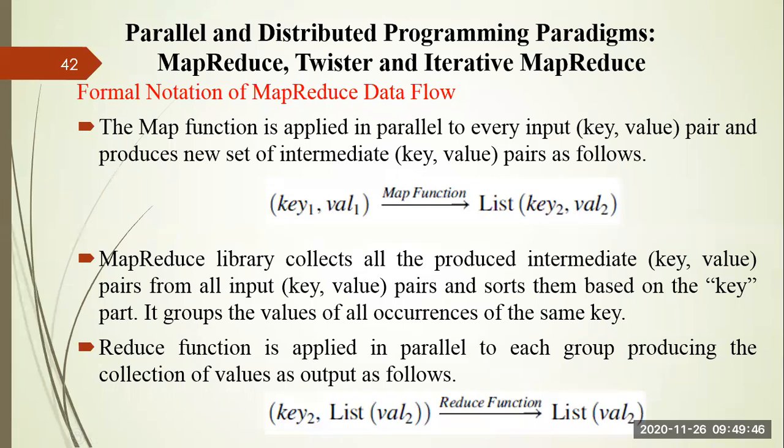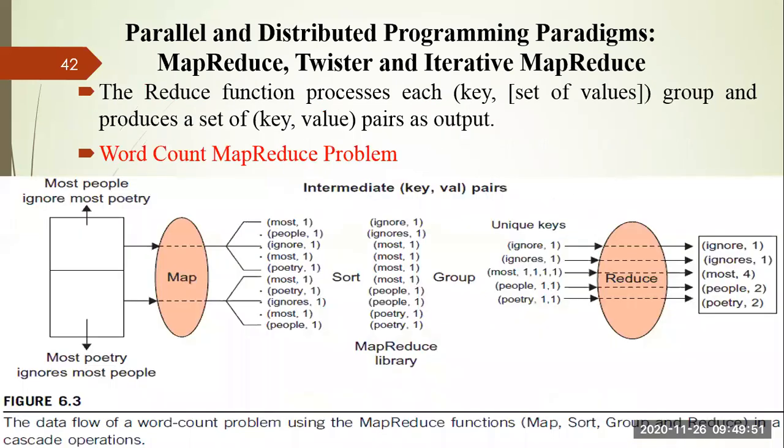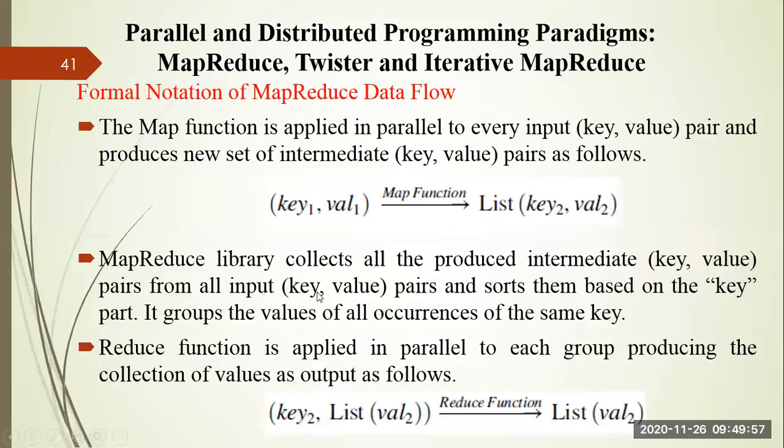Similarly, the MapReduce library collects all the produced intermediate key value pairs. So these are all the intermediate key value pairs you can see here. What are we doing? We take the key value pairs from all input key value pairs, and we are doing the sorting based upon the key. Then we are grouping the values of all occurrences of the same key.